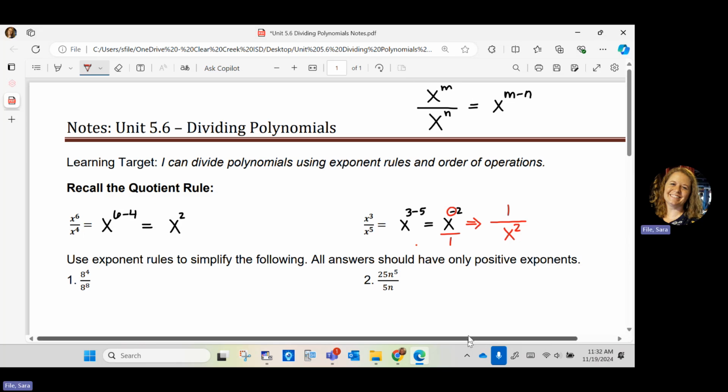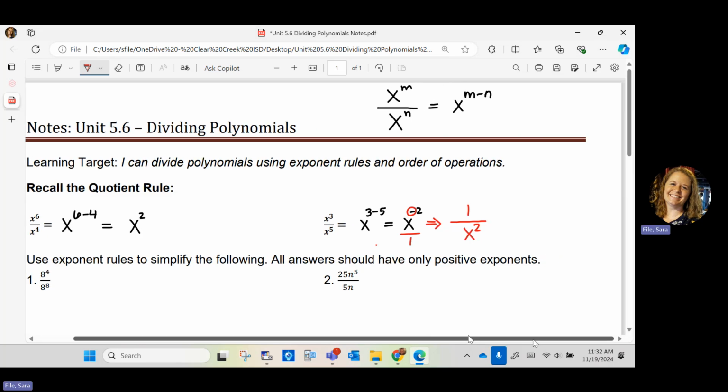So we had to recall our quotient rule, and I'm going to put up here our negative exponent rule. If you have a negative exponent, that can be rewritten as a positive. You move it within the fraction. Those are the two rules we need to keep in mind, because we do not leave our final answers with negative exponents.